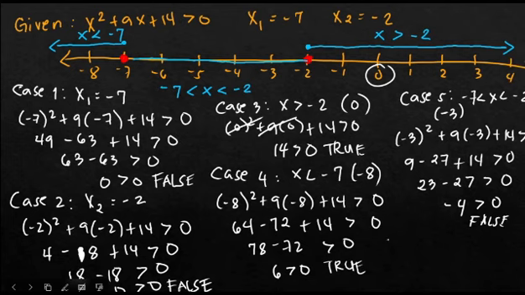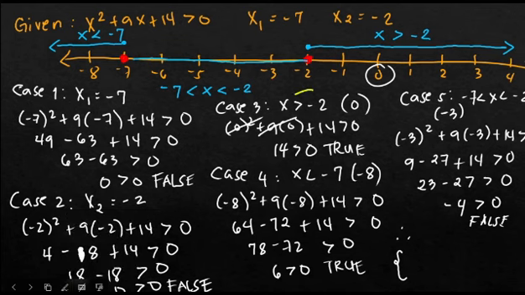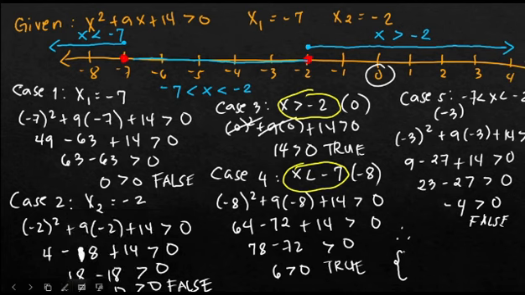So let's now get its interval. The solution for x squared plus 9x plus 14 greater than 0. So the cases na nagsatisfy are case number 3 and case number 4. So our solution set here, ito na lang.